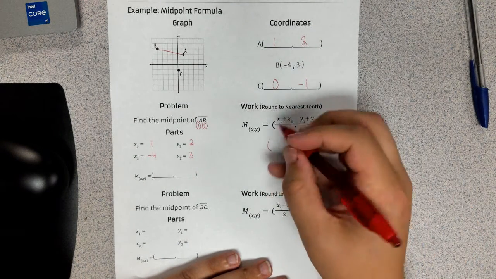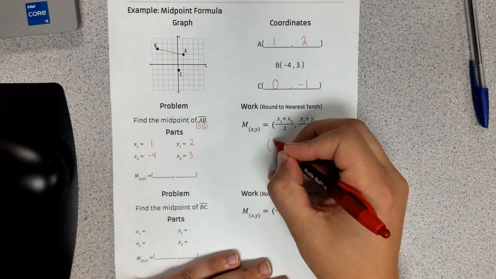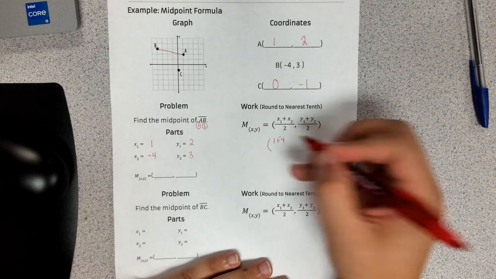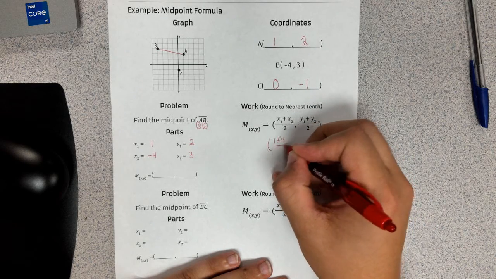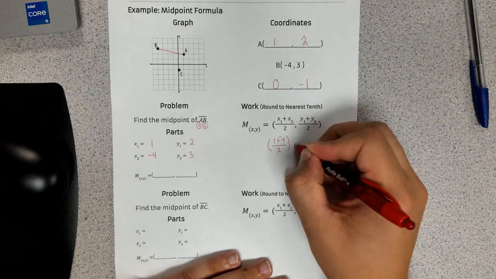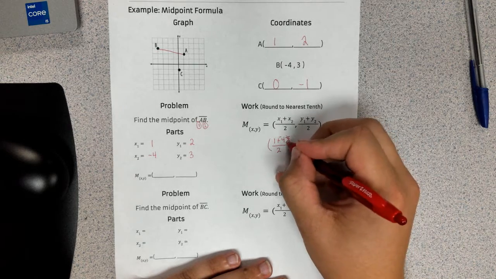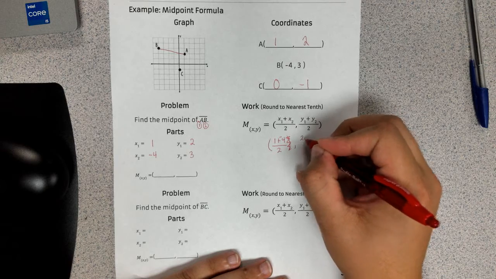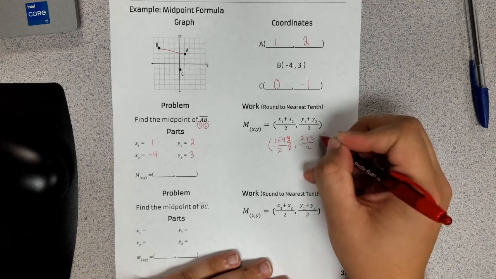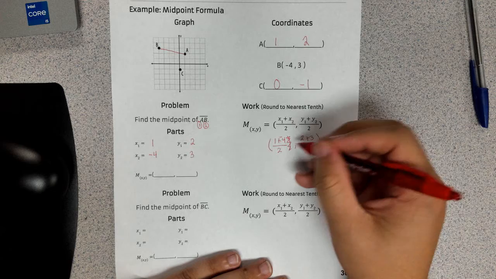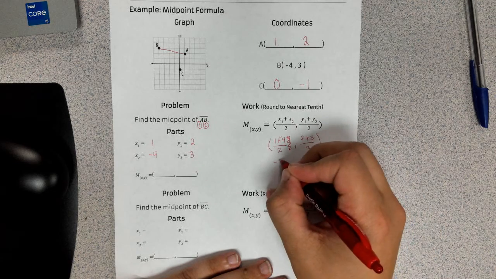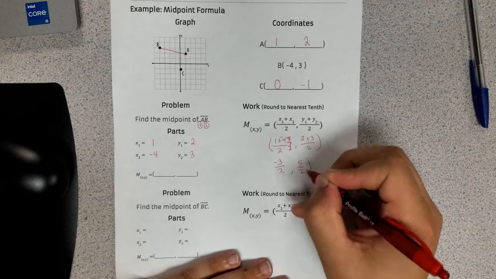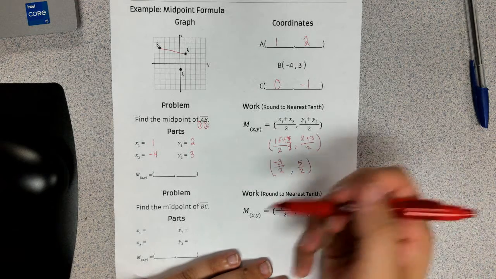So I'm going to have parentheses, x1 plus x2, so 1, and we could say -4 because it's a negative, but let's do plus -4 just to stay consistent with the formula, divided by 2, comma, my y1 plus y2, which is going to be 2 plus 3 over 2, parentheses. And so when I simplify that, I get -3 halves, comma, 5 halves, as my coordinate for my midpoint.